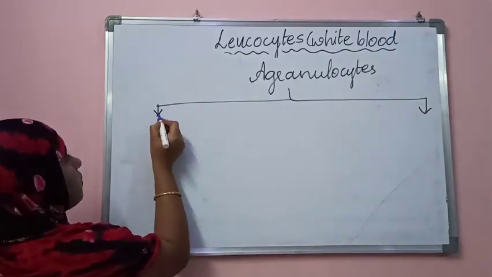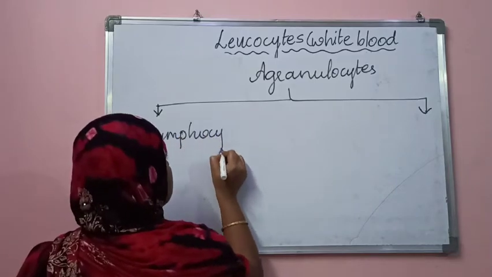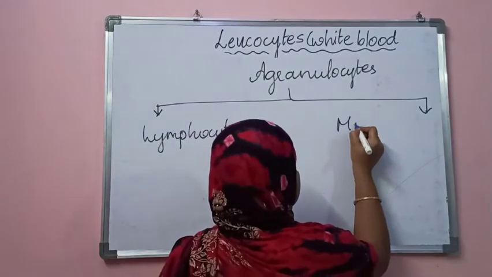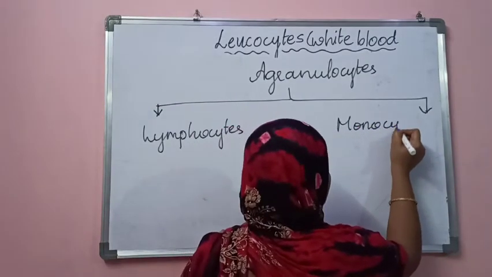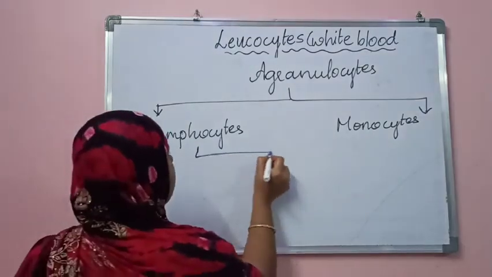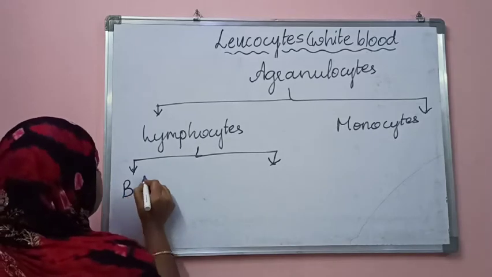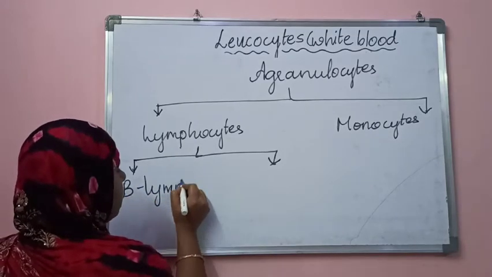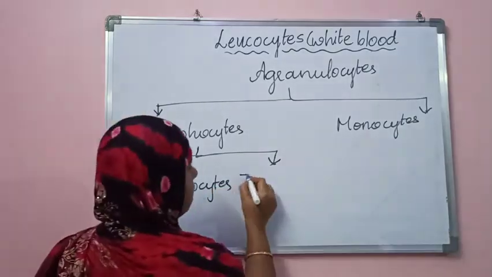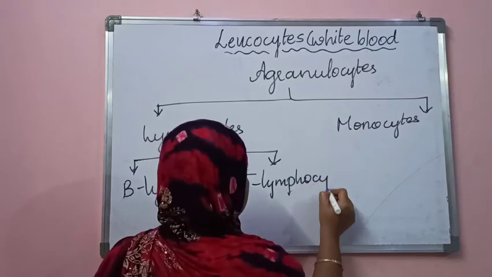The first one is the lymphocytes, and the second one is the monocytes. And these lymphocytes are again divided into two types. The first one is the B lymphocyte, and the second one is the T lymphocyte.